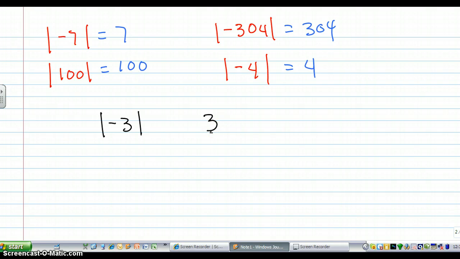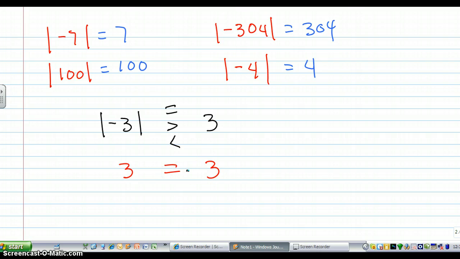So the question is, is it equal to, is it greater than, or is it less than 3? Well, first we have to give the answer to what is the absolute value of -3. And the absolute value of -3 is 3. So they are equal.